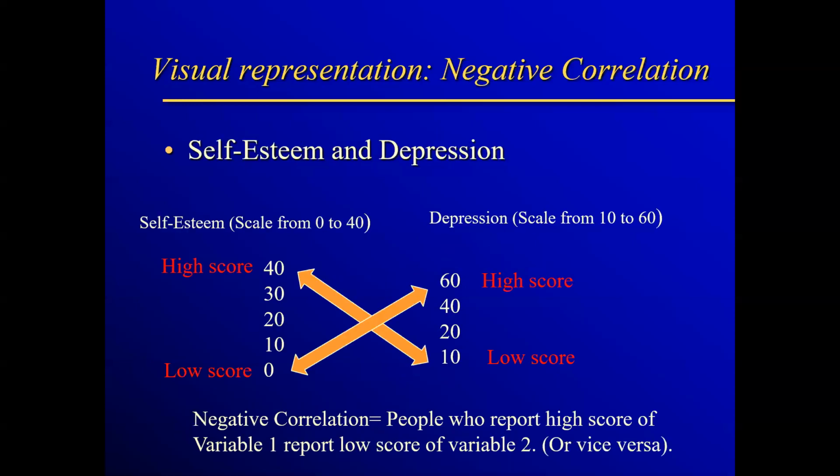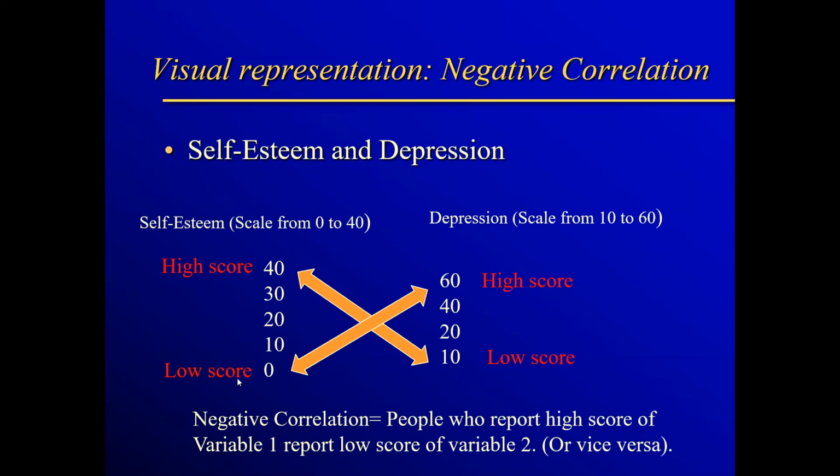So let's apply that logic to a negative correlation. This time I have self-esteem and I have depression. Here's a low score, so low self-esteem, high score, high self-esteem, low score, low depression, high score, high depression. So if we got a negative correlation, which we would expect between these two variables, people who report higher self-esteem report lower depression.